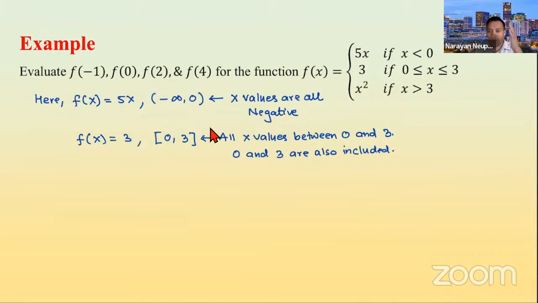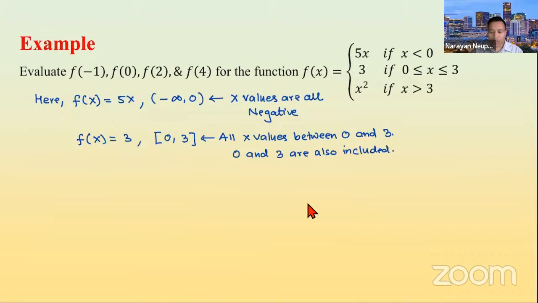And for the fixed values, if the value is not included, we put a parenthesis, and if the value is included, we put a bracket. That was Prakriti's question in the chat. Prakriti, do you understand that? You can reply in the chat if you want. Okay, good, thank you.